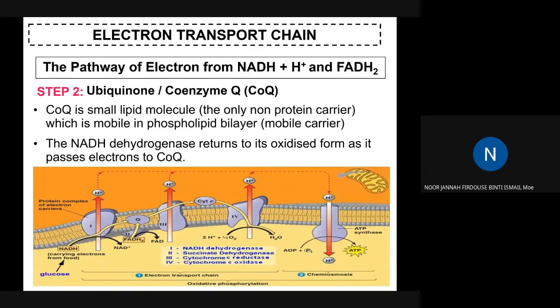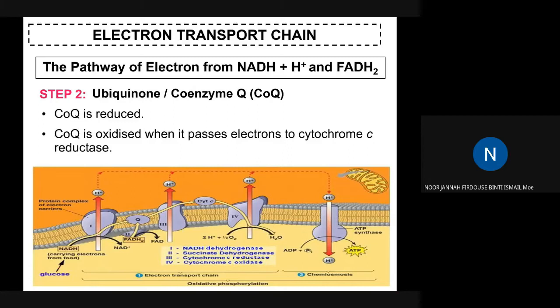The coenzyme Q, you can either use the name ubiquinone or coenzyme Q. Coenzyme Q is a lipid molecule which is mobile in the phospholipid bilayer. So the NADH dehydrogenase returns to its oxidized form as it passes the electron to coenzyme Q. Then coenzyme Q is reduced and passes the electron to cytochrome C reductase.